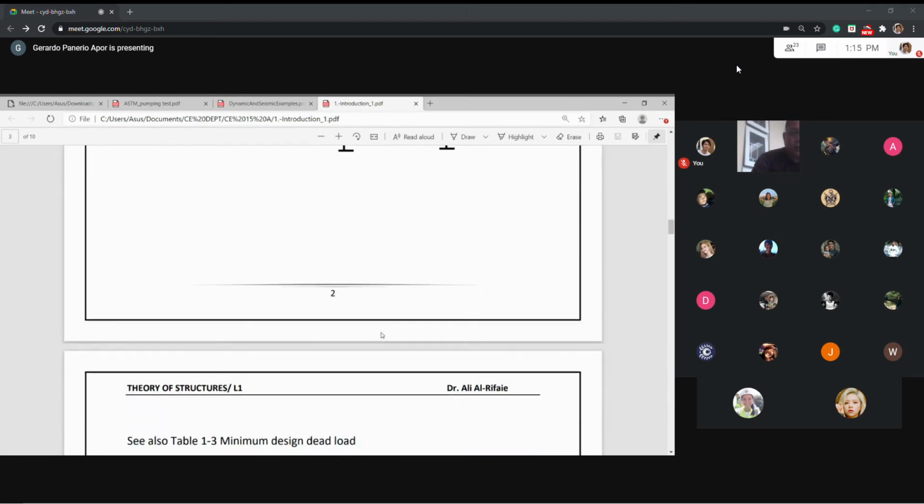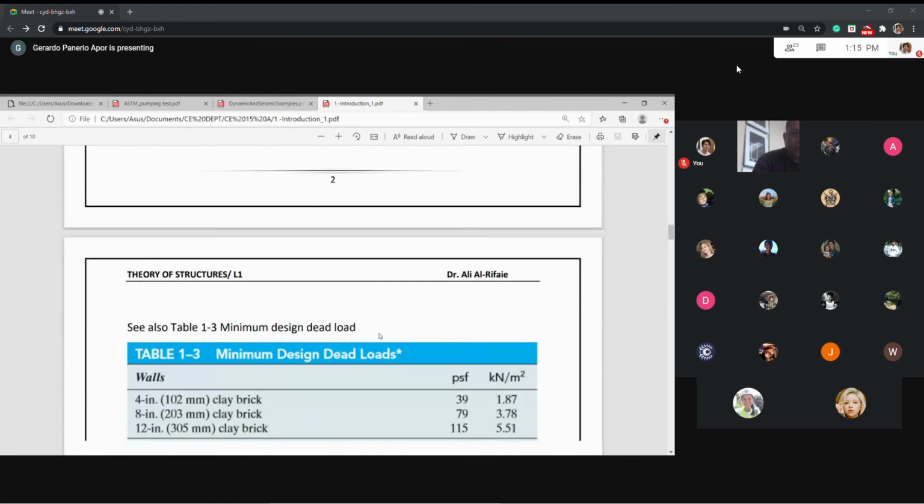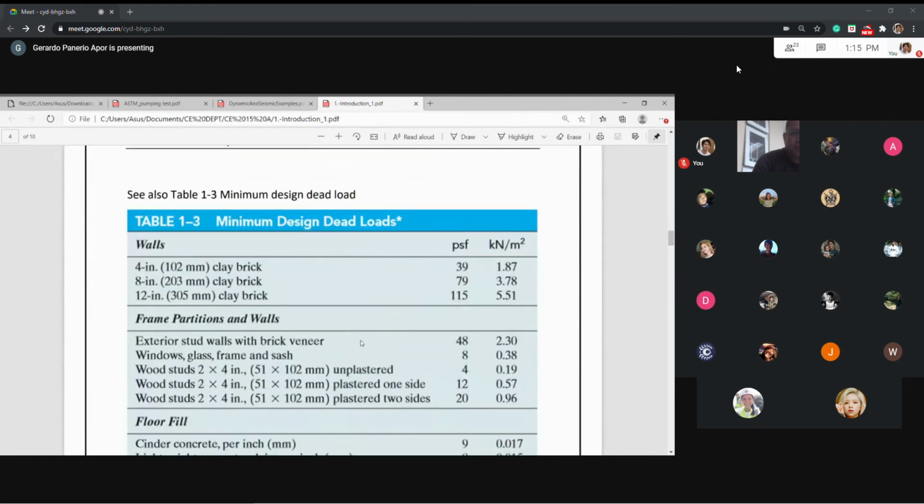Okay, in actual practice, we are using materials like clay brick. So if you have 4 inches, these are the equivalent load. A 4-inch clay brick, with the equivalent in mm in parentheses, 4 inch is equivalent to 102 mm. Clay brick weighs 39 pounds per square foot.